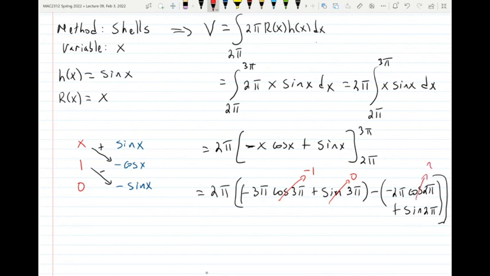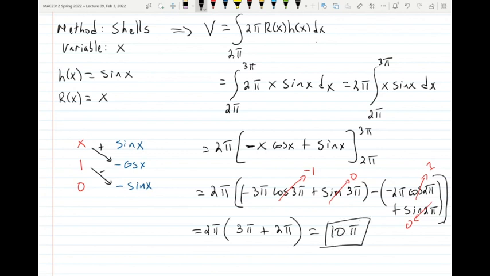Cosine of 2 pi, that's equal to 1. Sine of 2 pi, that's equal to 0. So this is 2 pi times, let's see, what do we have here? Negative 3 pi times negative 1, that's positive 3 pi. And then minus 2 pi, that's plus 2 pi. So 5 times 2, so we get 10 pi. Nice answer.